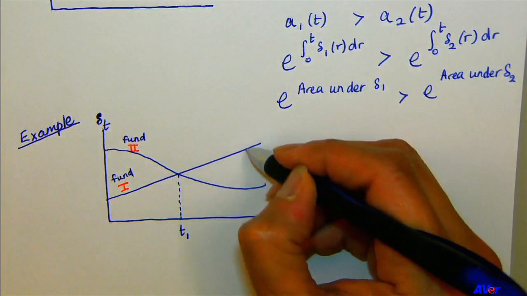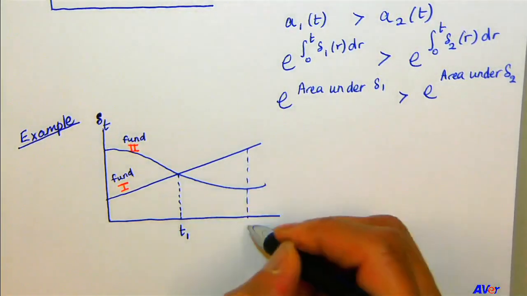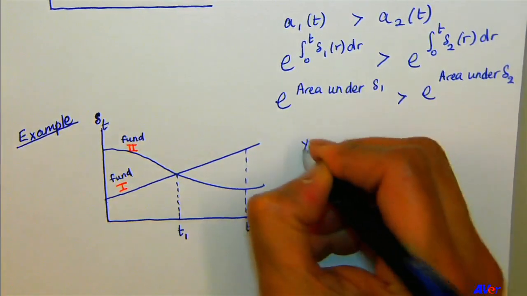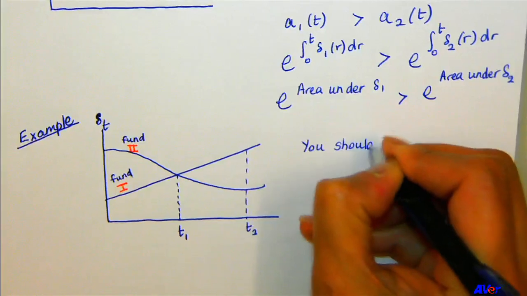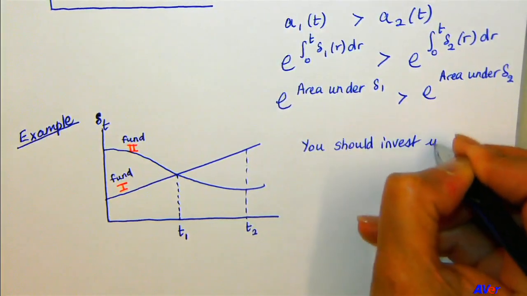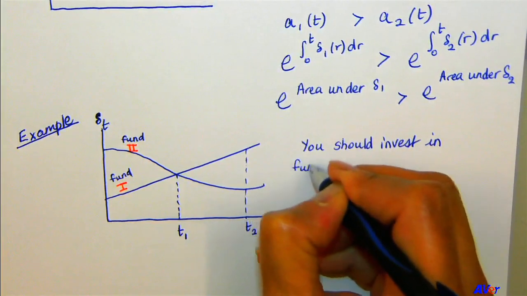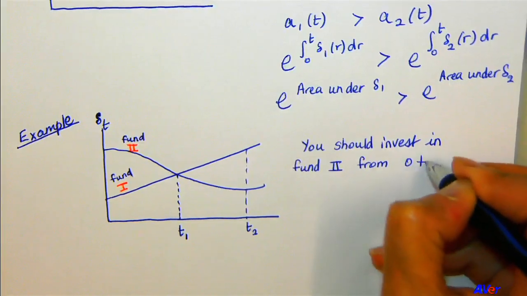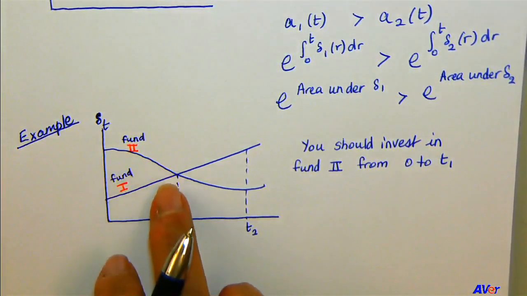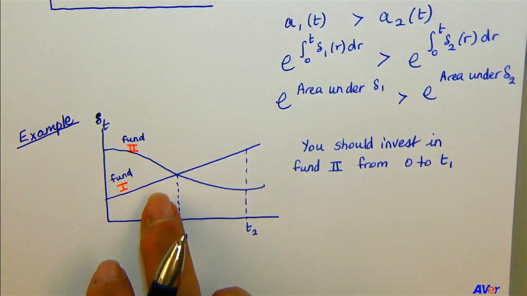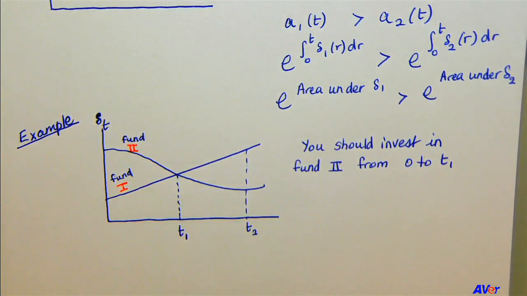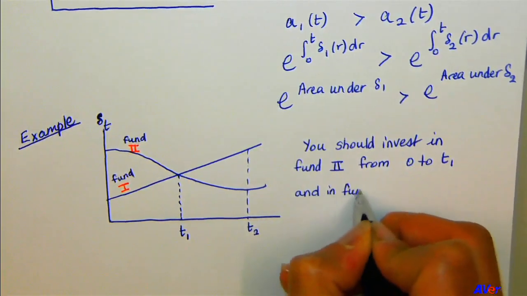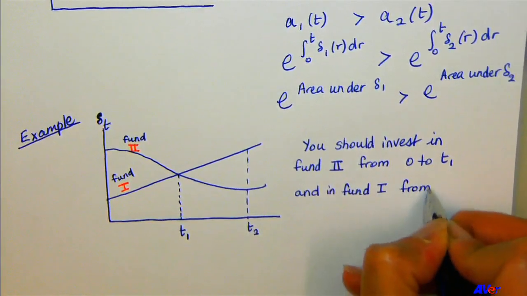And then this is some T2 right here. If this were the case, then you should invest in fund 2 from 0 to T1, because the delta 2 function is higher from 0 to T1. And in fund 1 from T1 to T2.